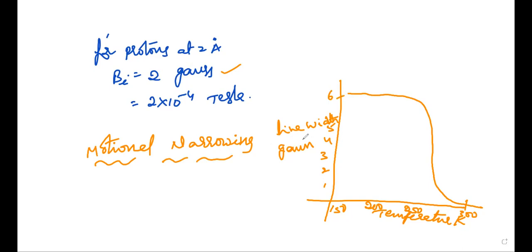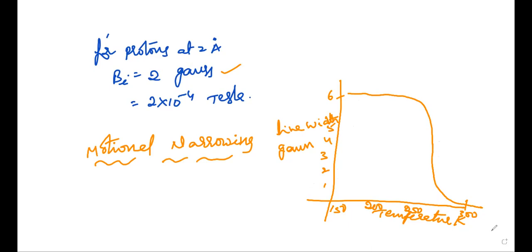So at low temperatures, the width agrees with the theoretical value for a rigid lattice. As the temperature increases, the diffusion rate increases and the line width decreases.